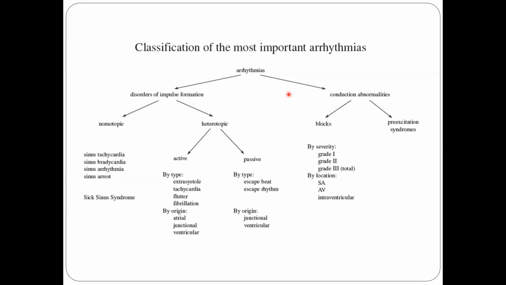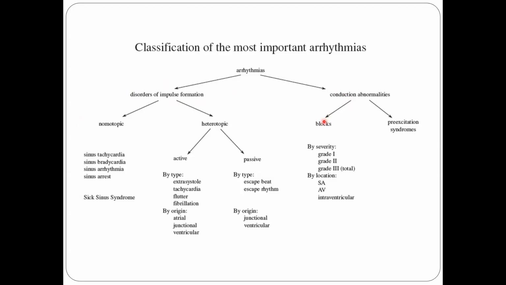Now let's see the other topic, conduction abnormalities. What does it mean? It means the impulse is formed in the right place, or maybe in a different place, but after that, in the conducting pathways, the conduction through those pathways is somehow abnormal. These are what we call blocks.